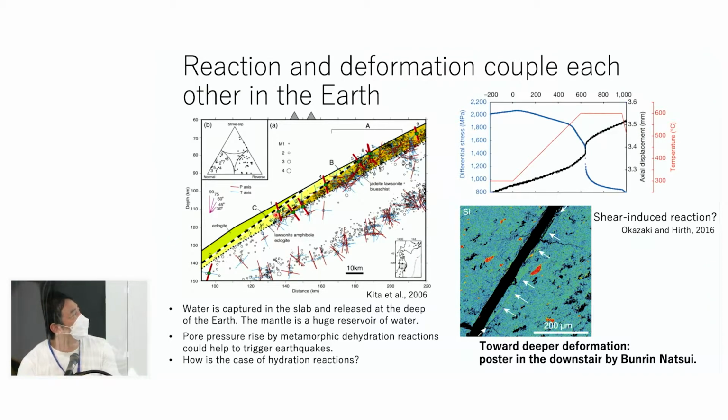If you go down more, we have eclogite, whose chemical composition is also more or less similar, but the mineral assemblage is totally different. With these reactions, the plate releases water. Here we have more water released, and here still releasing water but not much. Eclogite is a kind of dry rock, with no water inside anymore.